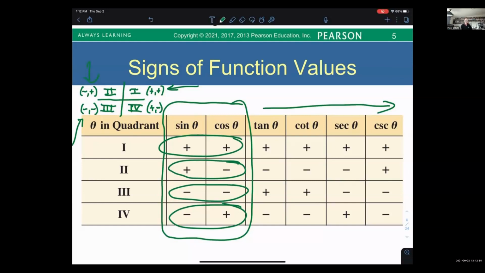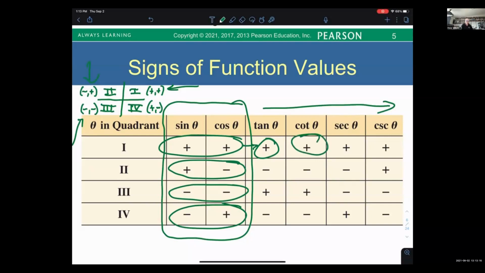Tangent is sine over cosine. In quadrant 1, that would be a positive divided by a positive, which would give you a positive. Cotangent is cosine over sine. In quadrant 1, that's still positive over positive, so you get a positive.